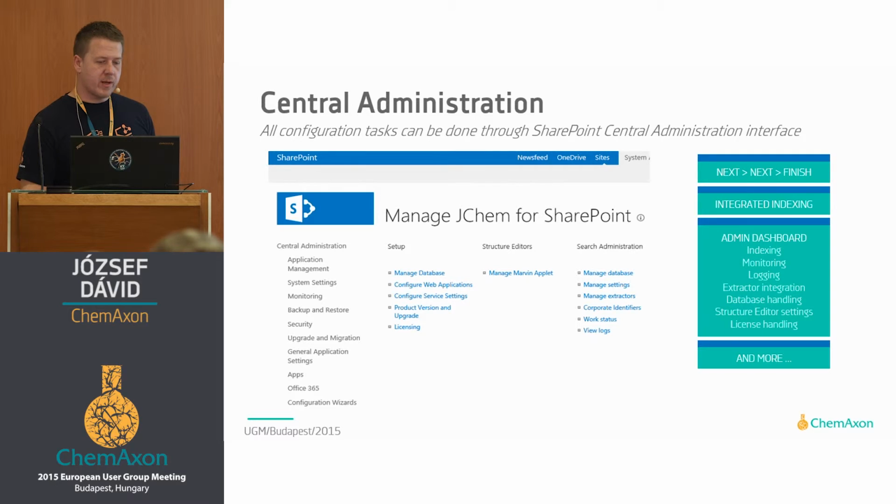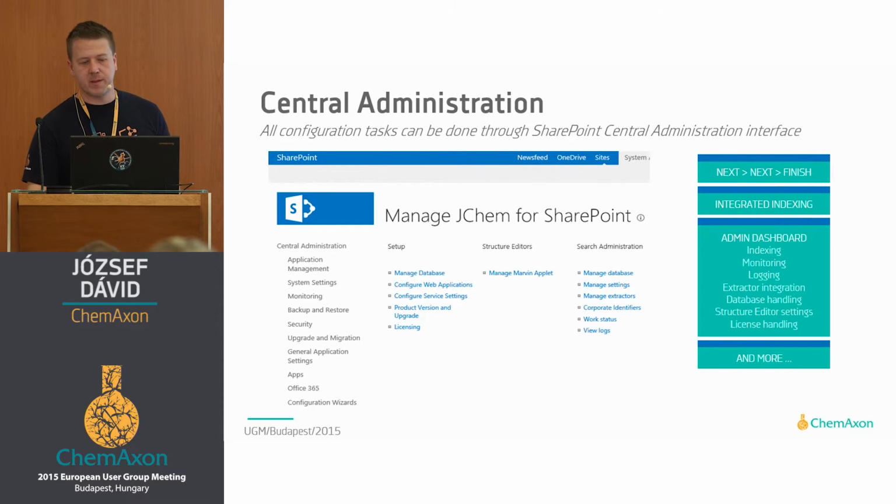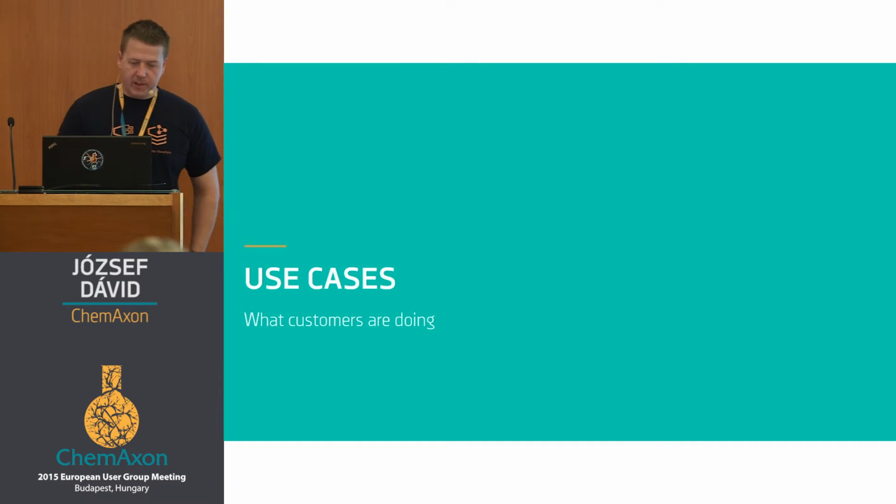And from that point, everything can be managed through the SharePoint Central Administration. No database hacks, no magic from that point. Even the chemical indexing is integrated into the SharePoint indexing, which is asynchronous, but can be started together with the SharePoint indexing.